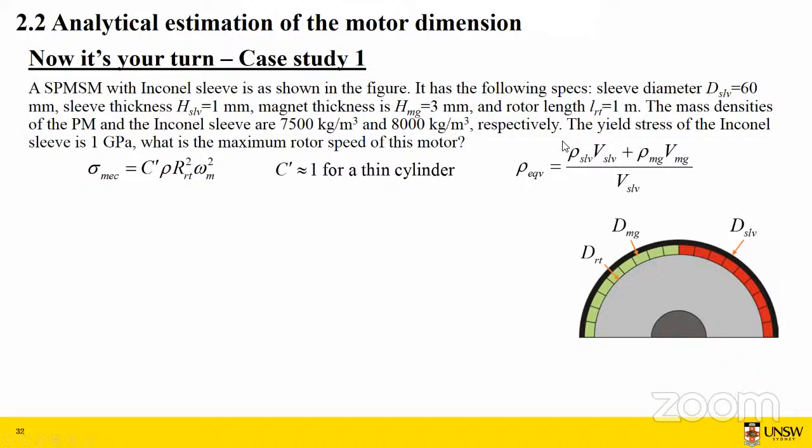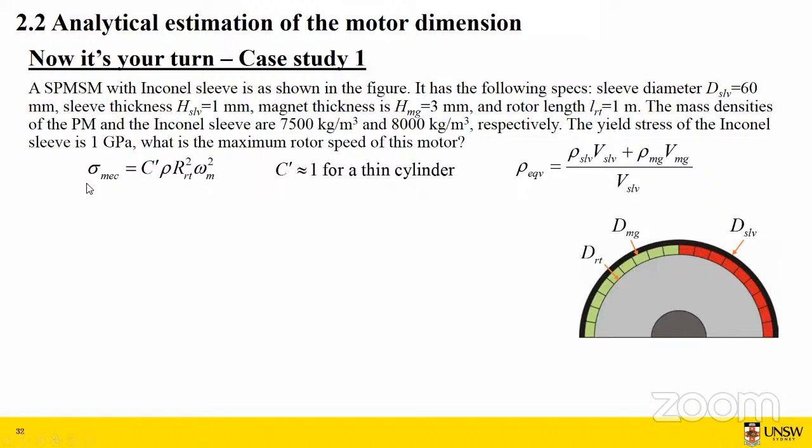Yield stress of the Inconel sleeve is 1 gigapascal. What is the yield stress? Yield stress of a material is the stress when plastic deformation happens. So you need to make sure when this thing rotates at maximum speed, the mechanical stress does not exceed 1 gigapascal.